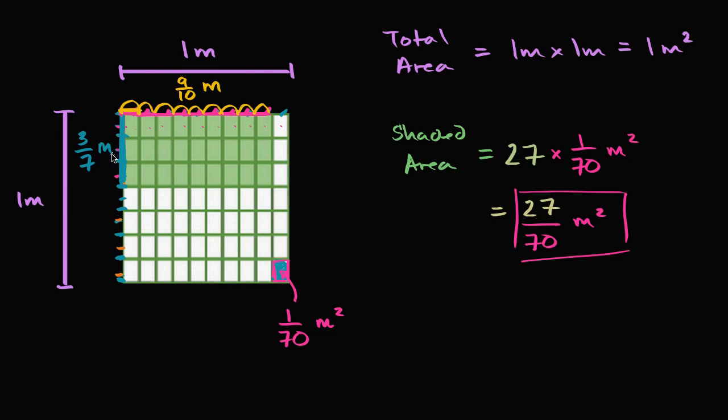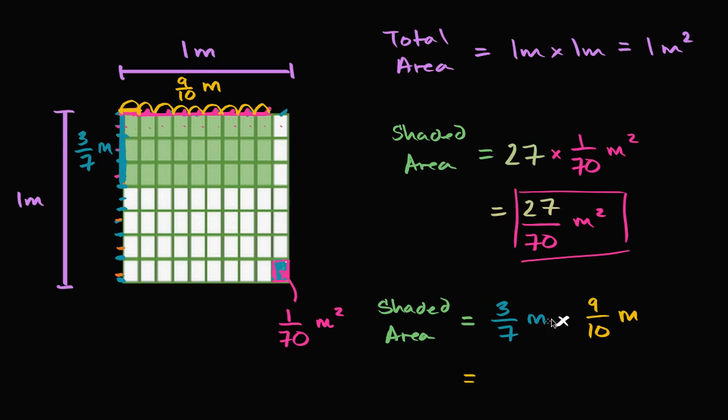And now to find the area, we can multiply the width times the height, or the height times the width. So I'll write this again, the shaded area. I have a height of 3/7 of a meter, and then I can multiply that times our width for just the shaded area, which is 9 tenths of a meter. And what is this going to get us?